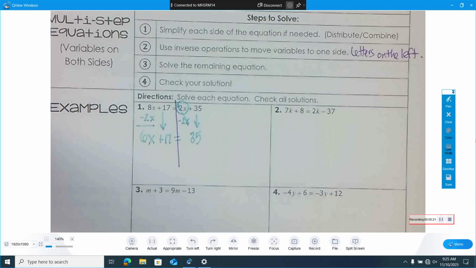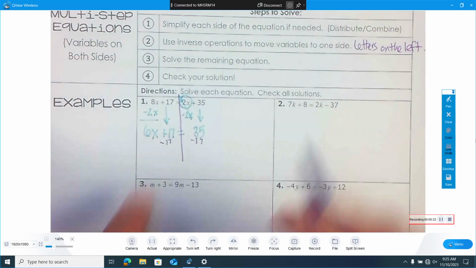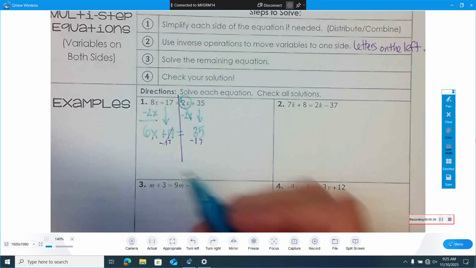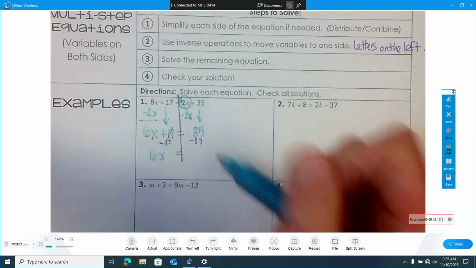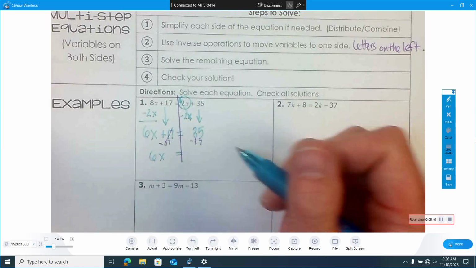Now, this looks like what we did all last week. So what should we do next to get that variable all by itself? Yeah, we're going to subtract the 17 from both sides. So I have just a 6X on the left-hand side. And what is 35 minus 17? 18.